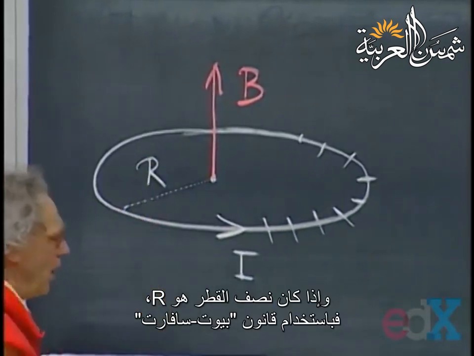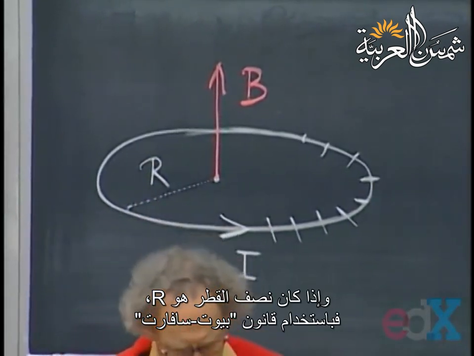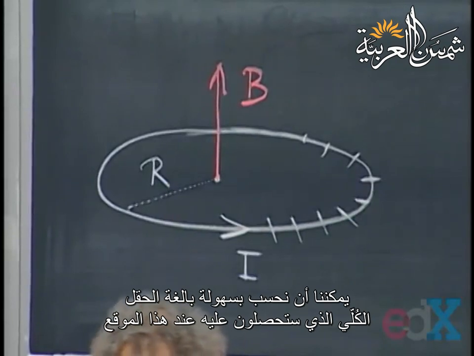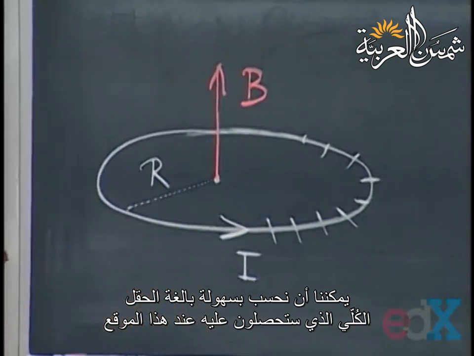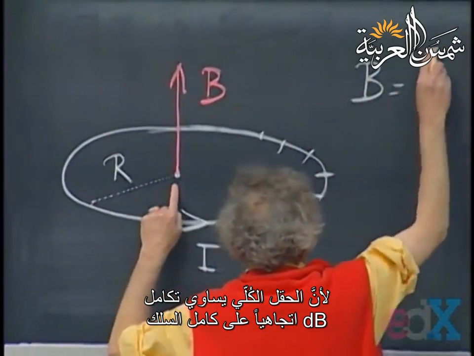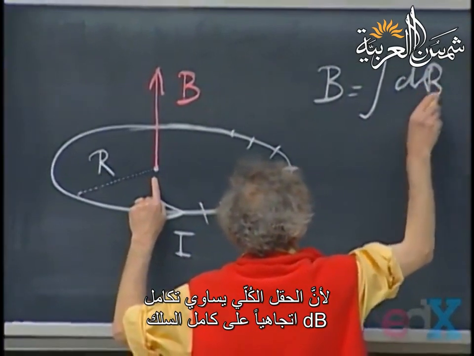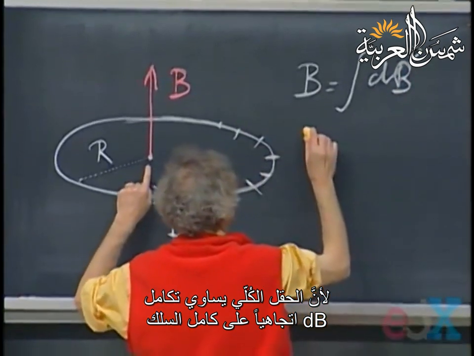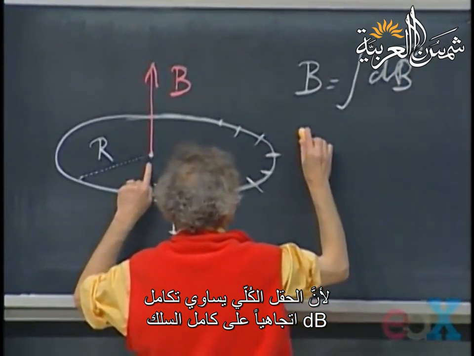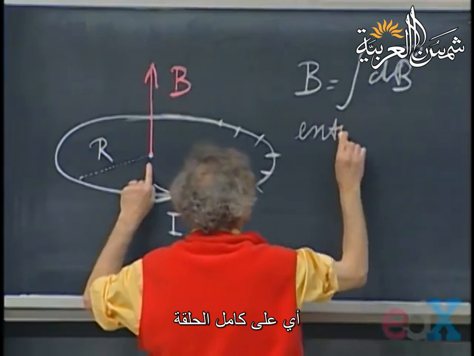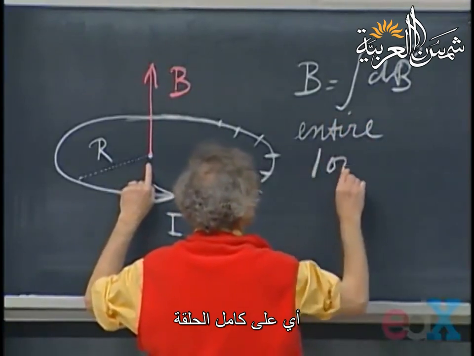And if this radius is r, with Biot-Savart we can calculate quite easily the total field that you would get at this location. Because that total field is then the integral of dB vectorially over the entire wire, the entire loop.